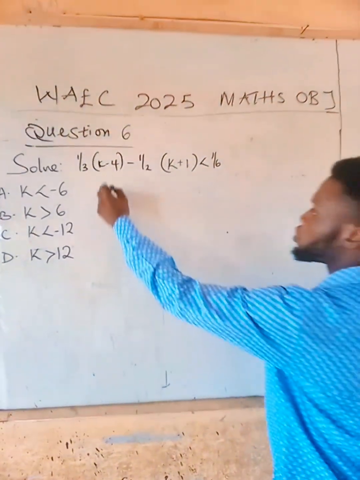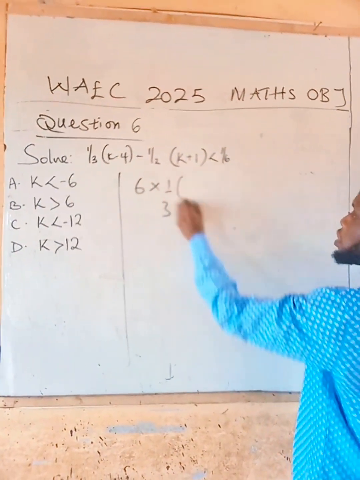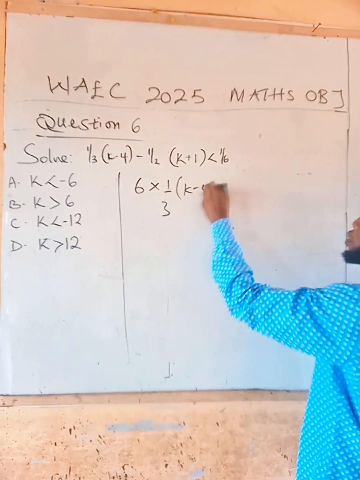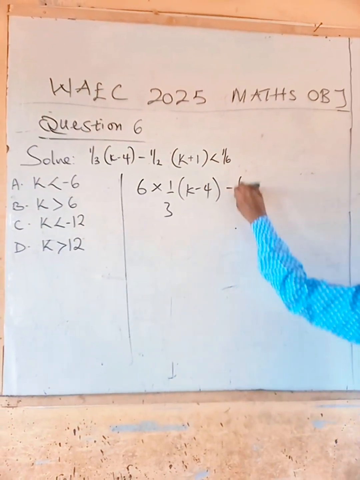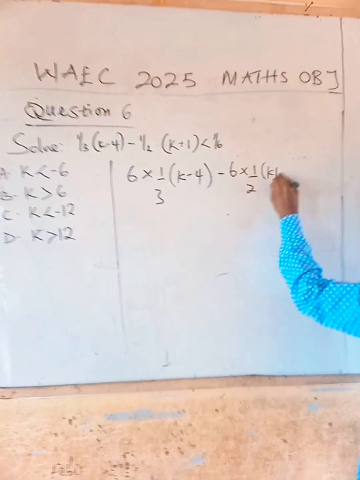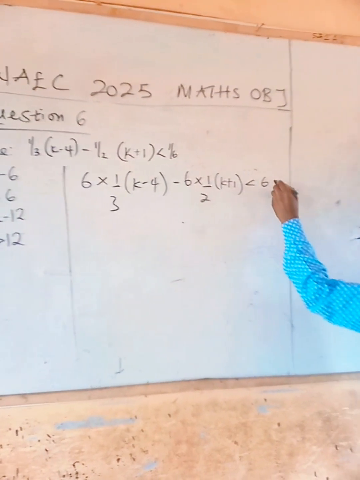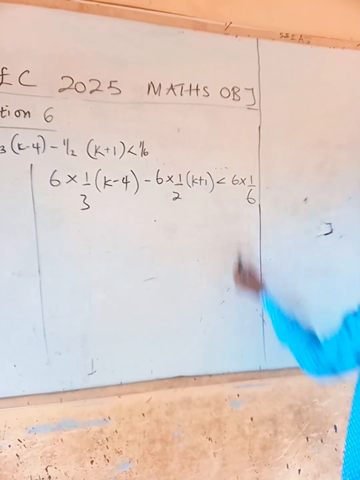6. So this will be 6 times 1/3 open bracket k minus 4, minus 6 times 1/2 open bracket k plus 1, is less than 6 times 1/6.